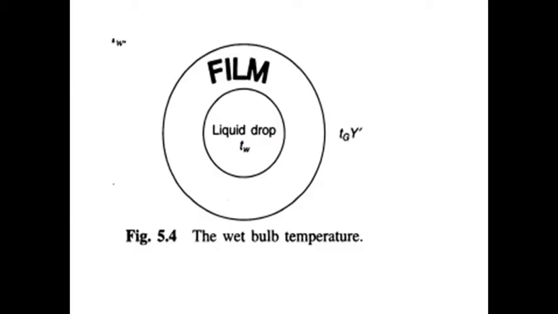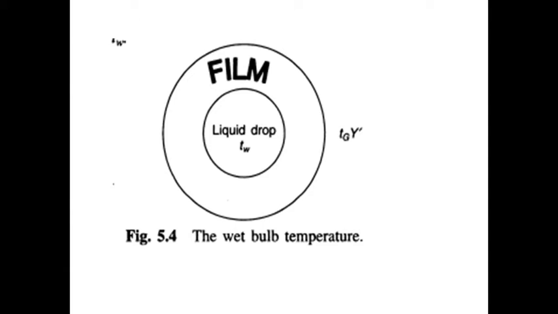Consider a drop of liquid immersed in a rapidly moving stream of unsaturated vapor gas mixture, as shown in the figure. If the liquid is initially at a temperature higher than the dew point of the vapor, the vapor pressure of the liquid will be higher at the drop surface than the partial pressure of vapor in the gas, and hence the liquid will evaporate and diffuse into the gas.